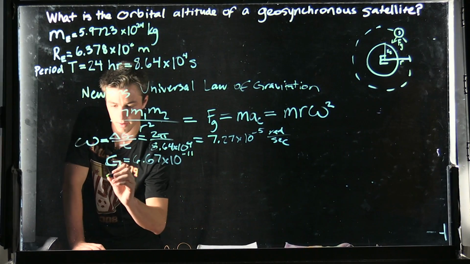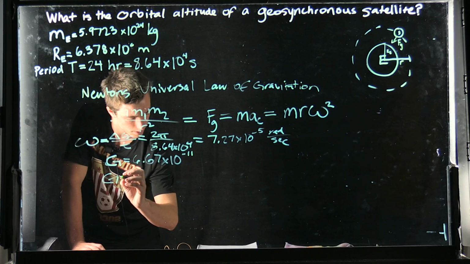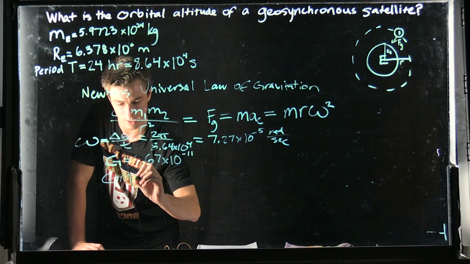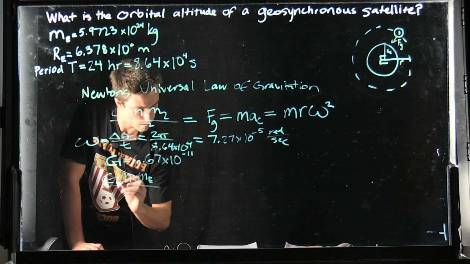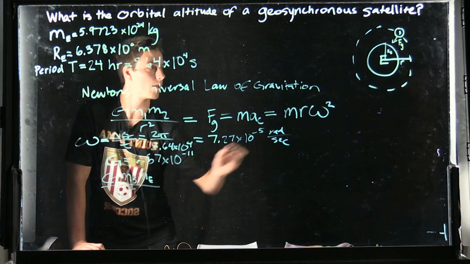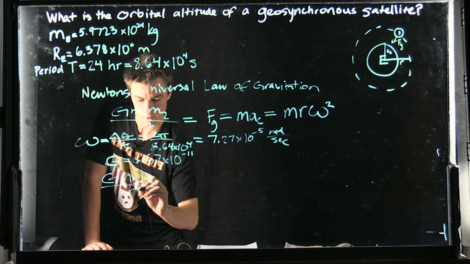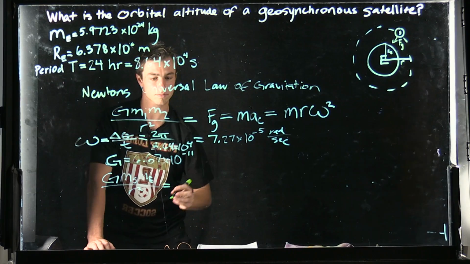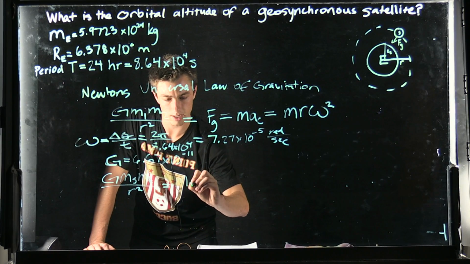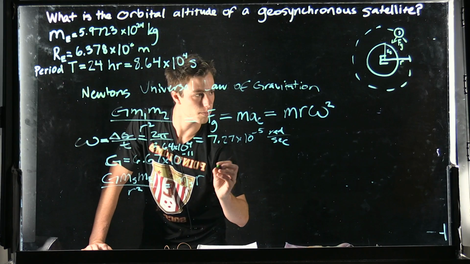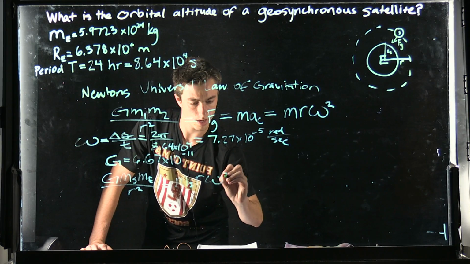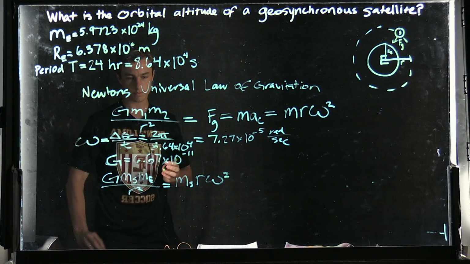So we have the gravitational constant times the mass of the satellite times the mass of the Earth all over this distance squared is equal to the mass of the satellite times the radius times angular velocity squared.